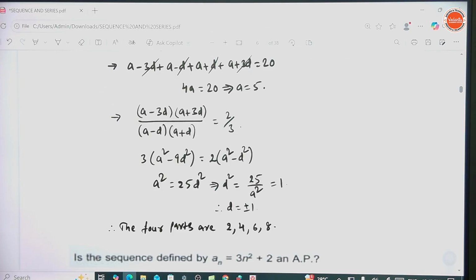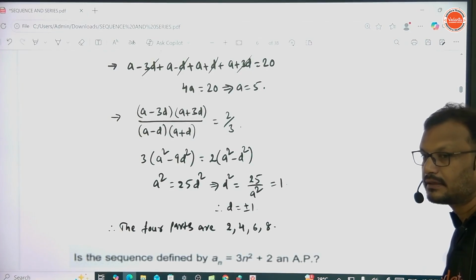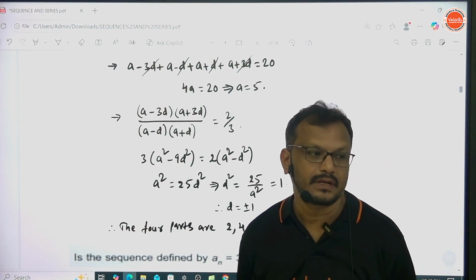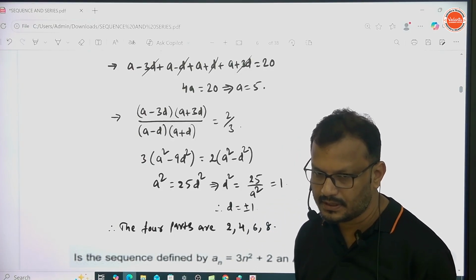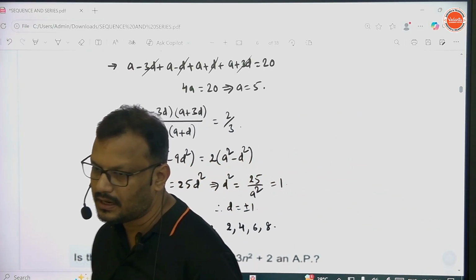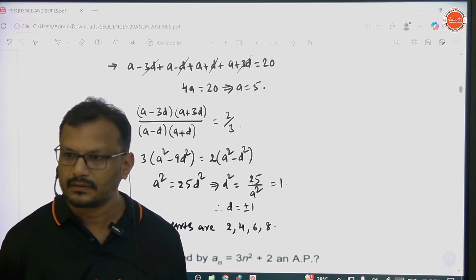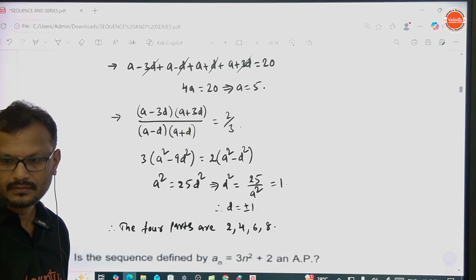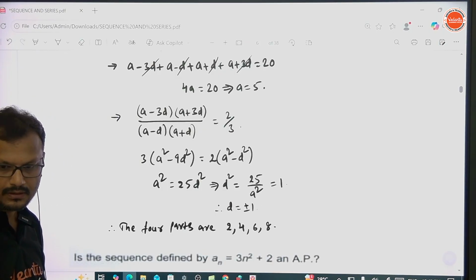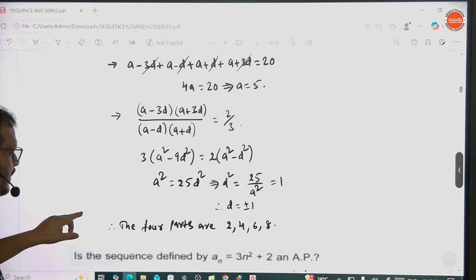If not, why? Nth term must be linear. Just now we discussed: if the nth term is not a linear equation in terms of n, then it is not in AP. Simple. So every point is important. Clear now?